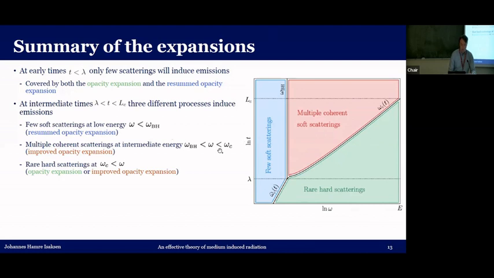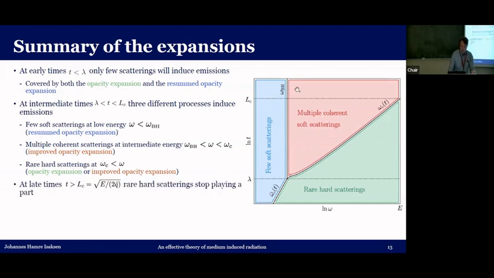So you have this very soft beta Heitler emissions, which you get from the resummed opacity expansion. You have this multiple coherent scattering regime, which is given by the harmonic oscillator, and here you have this hard regime where you can use the opacity expansion or the improved opacity expansion.